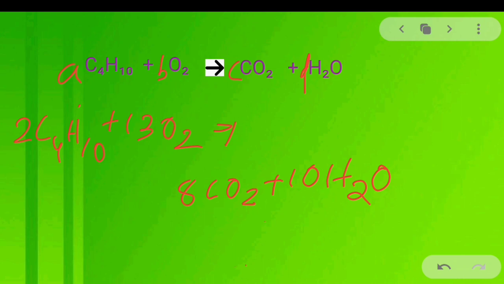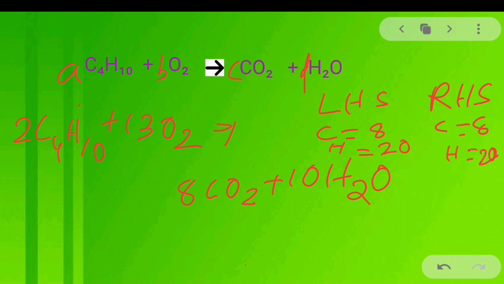Now let us take the LHS and RHS side. So carbon is equal to 8 and RHS side carbon is equal to 8. In LHS side the hydrogen is equal to 20, and RHS side hydrogen is equal to 20. Now take the oxygen atom.